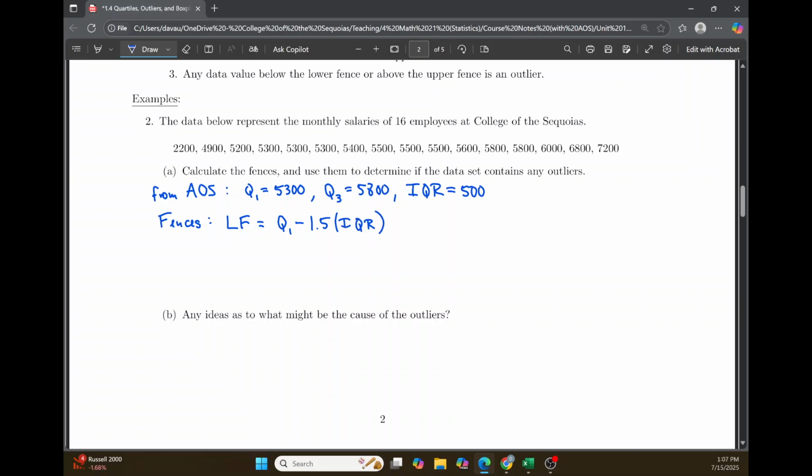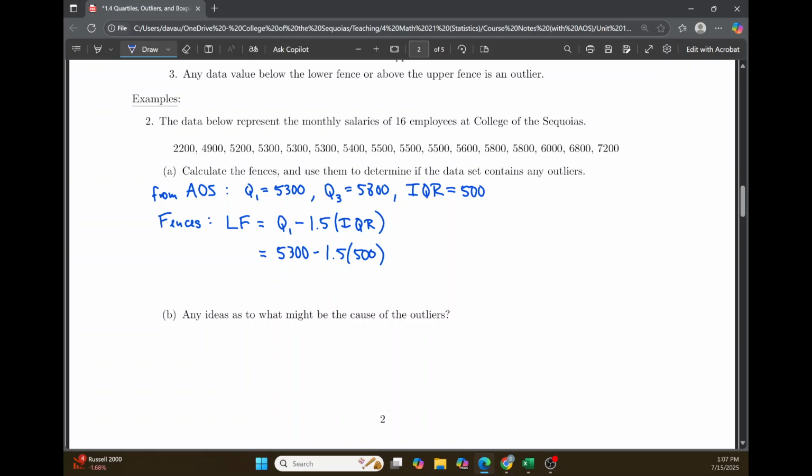Show your work the way that I'm laying it out. If you don't, you'll be marked down. So lower fence is Q1 minus 1.5 times IQR. Q1 is 5,300. And IQR is 500. So let's head over to our calculator and see what that is.